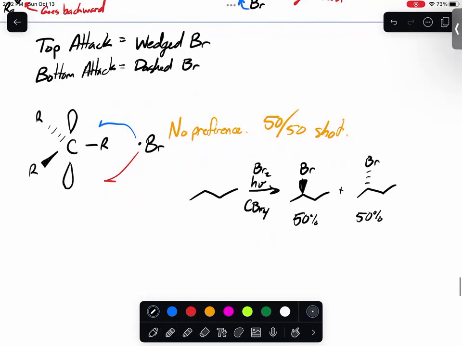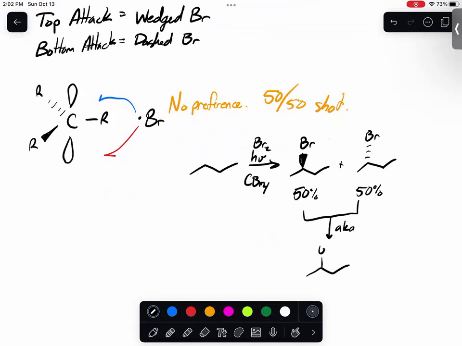And that is also known as just a straight line to the bromine because it is a racemic mixture of enantiomers.